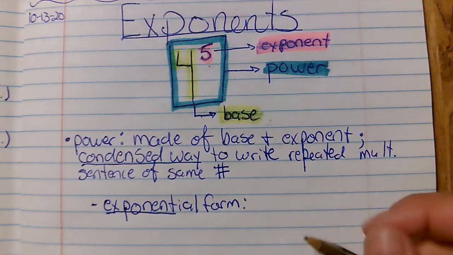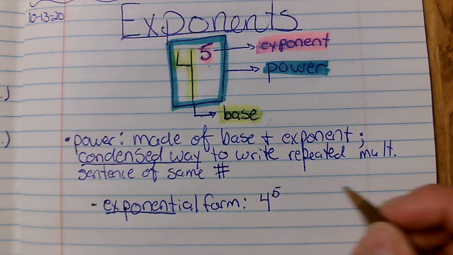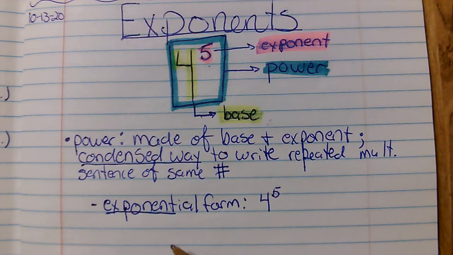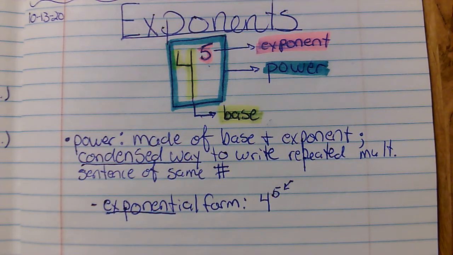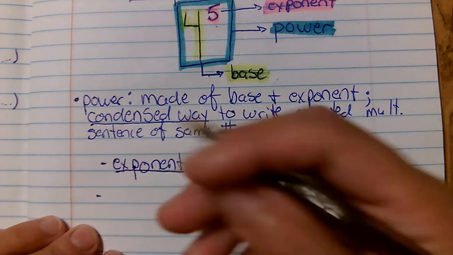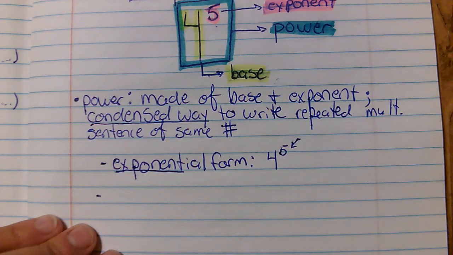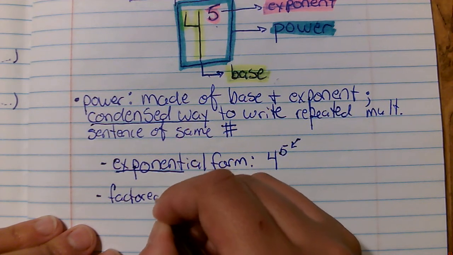I'll use our example from the top, 4 to the 5th power. This is exponential form because I can actually see the exponent. There's a hint about what kind of form they're looking for: exponential, looking for the exponent. Then we have something called the factored form, which is also sometimes called the expanded form, but for our purposes, we're just going to call it the factored form.